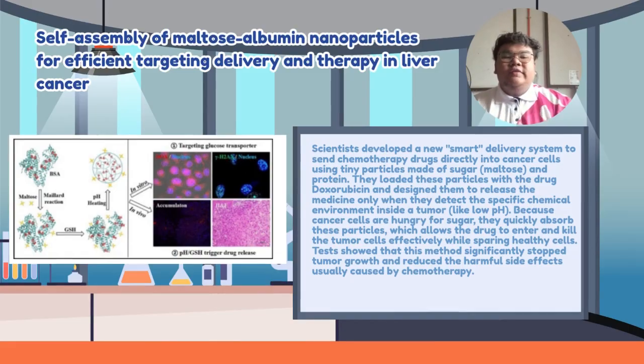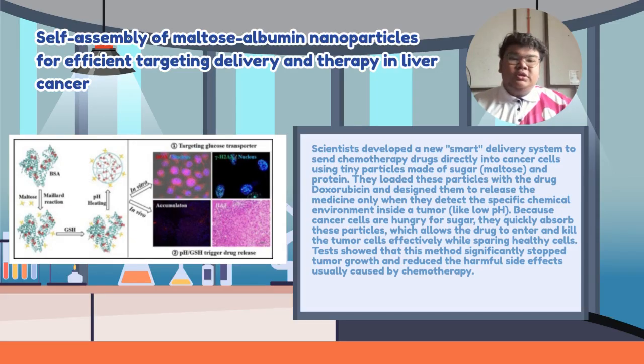For the third innovation in maltose, that is self-assembly of maltose-albumin nanoparticles for efficient targeted delivery and therapy in liver cancer. Scientists have developed a new smart delivery system to send chemotherapy drugs directly into cancer cells using a tiny particle made of sugar, that is maltose, and protein.